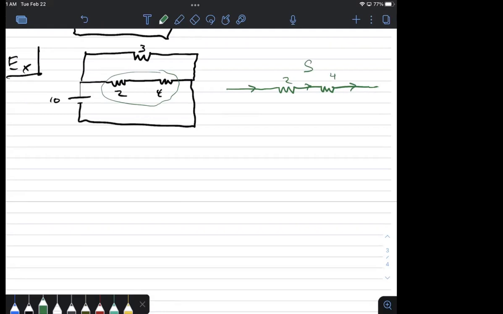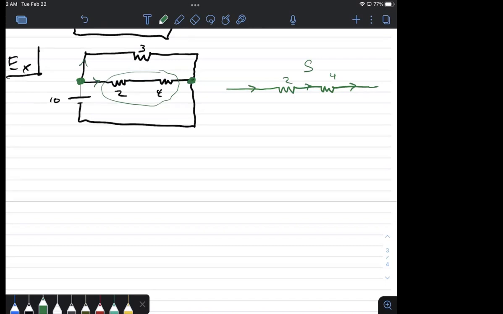However, zooming out, we see, well, wait, right here, there's a path difference. There's a divergence where the electrons can either go this way or they can go that way. What I know is that if they go the bottom way, then it's going to hit a series connection. And if it goes the top way, it just hits that one resistor.